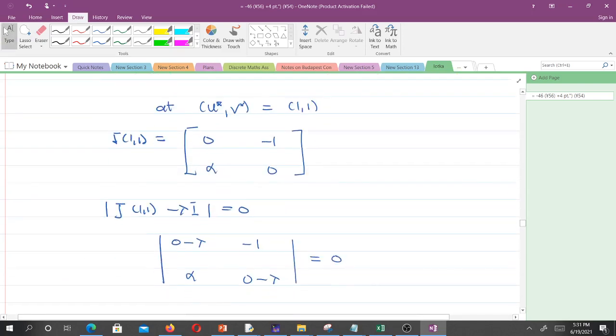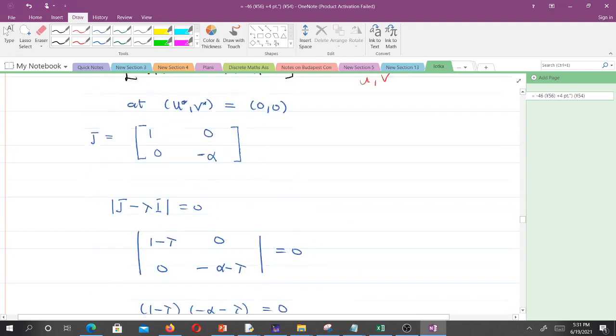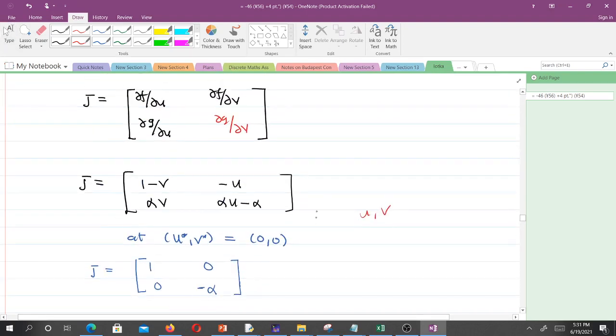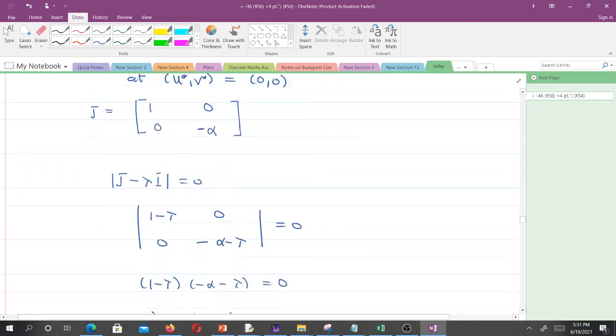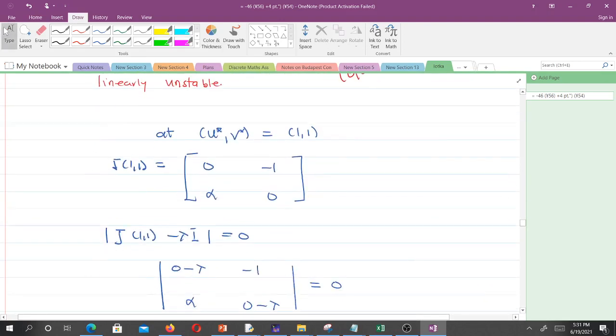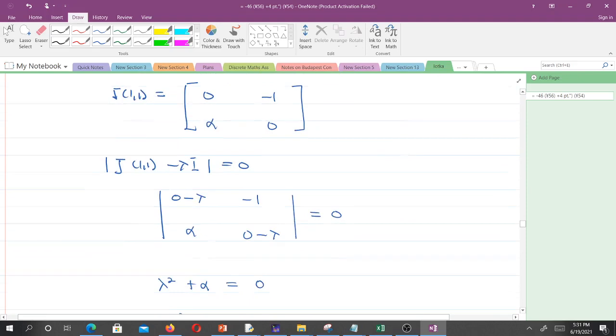So now at the non-zero fixed point 1 1, when you put u equals 1 and v equals 1 into this that we have, you're going to end up with what you can see here. So g of 1 will be equal to 0 minus 1 alpha 0, right?